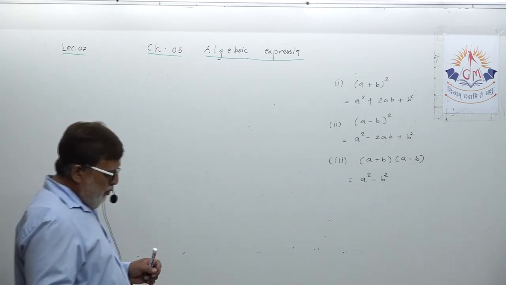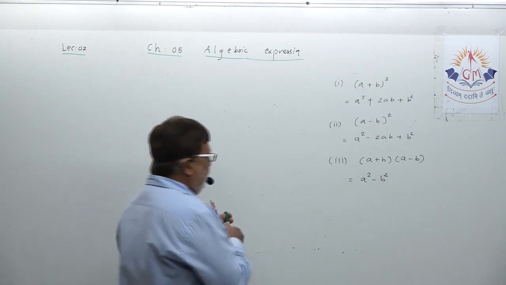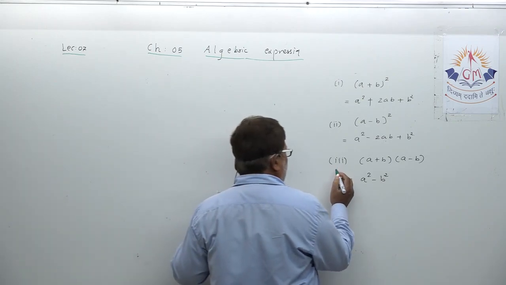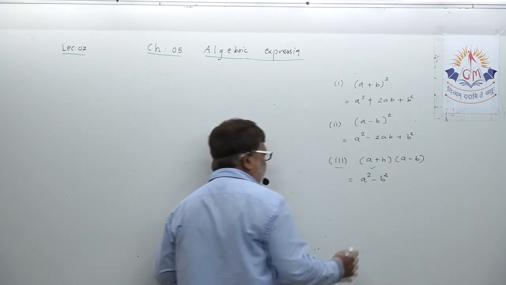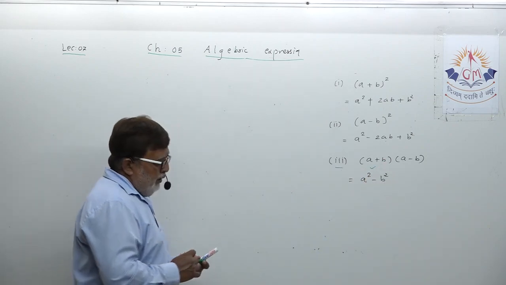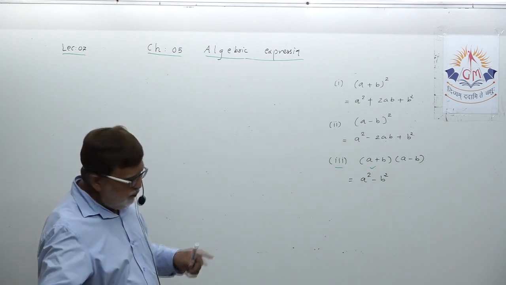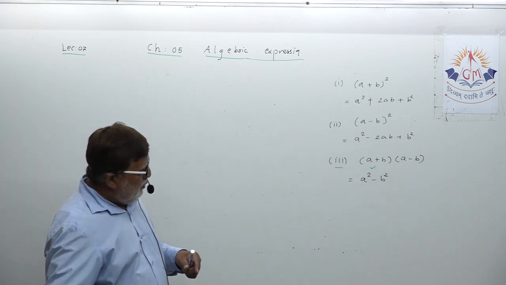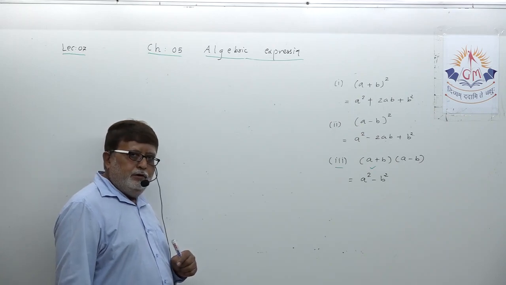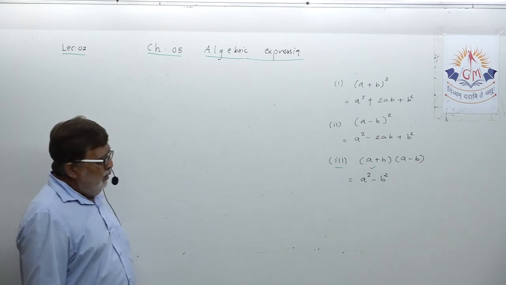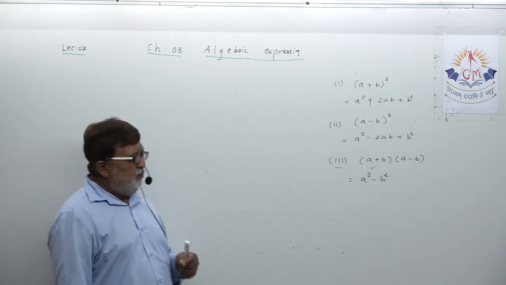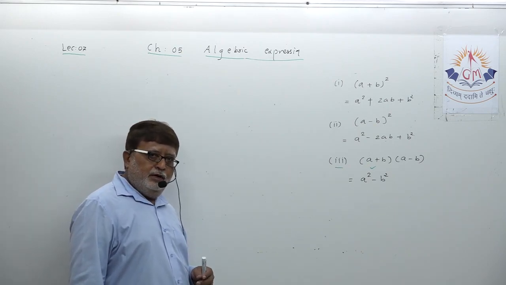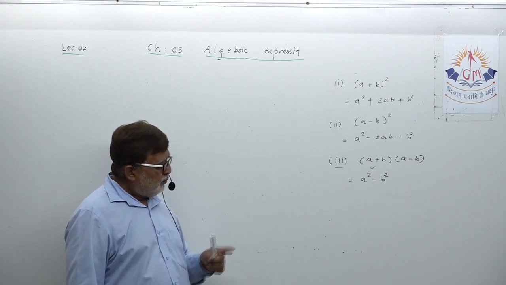Today we are trying to solve examples based on this third identity, a plus b into a minus b equals a square minus b square.